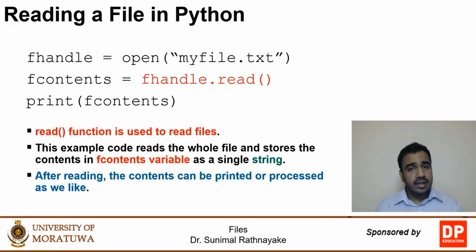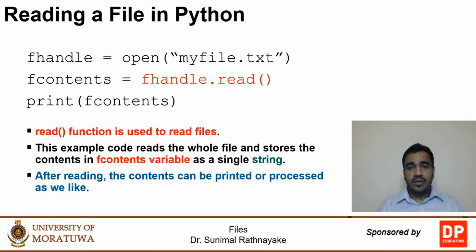After opening the file, we can read the file contents. In this example, in the first line, we open our text file myfile.txt without specifying a mode, which will result in opening the file in the read mode. The open file will be assigned to the file handle named fhandle. Then in the second line, we use another Python function called read, which is used to read the contents of the open file.